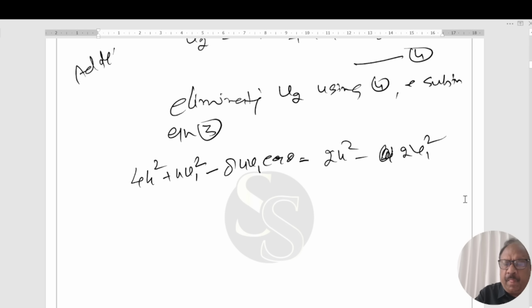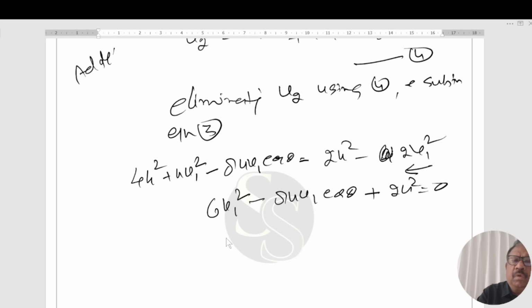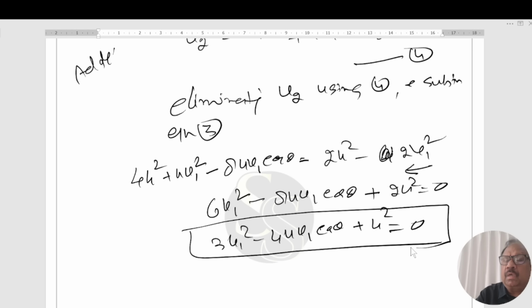This simplification comes out to be 6v1 square minus 8u v1 cos theta plus 2u square equals 0. Dividing by 2, 3v1 square minus 4u v1 cos theta plus u square equals 0. This is the final equation, right.